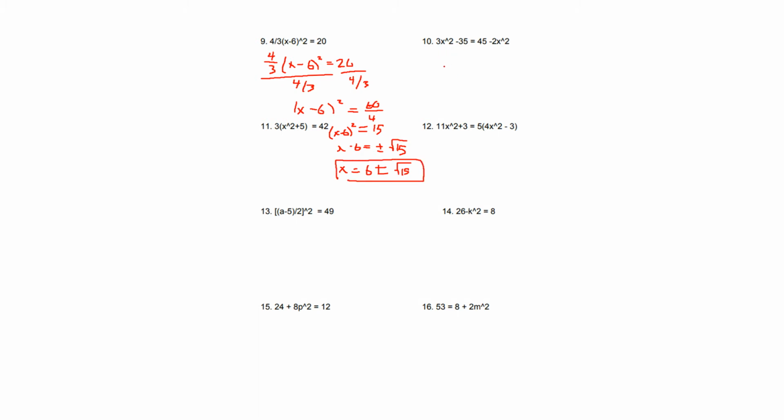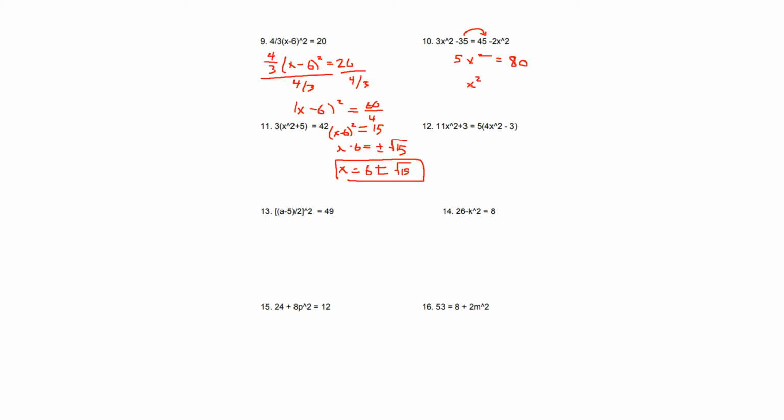Number 4, we should clean this up a little bit by getting the x squares on one side. So we could add 2x squared to both sides, so it becomes 5x squared equals, and then you could move the constants to the other side by adding 35 to both sides, so it becomes equals 80.